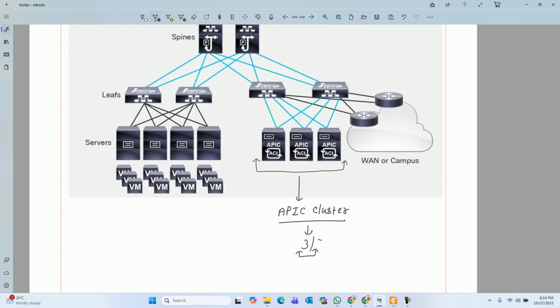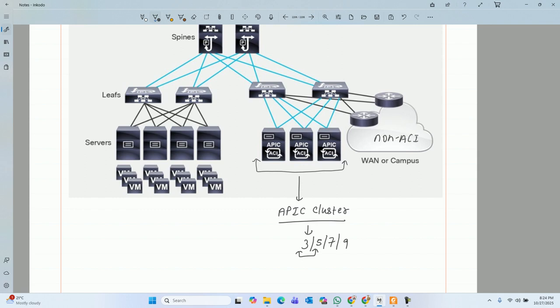You can have 5, you can have 7, and at most you can go up to 9 APIC controllers in just one cluster. Then external WAN, campus, wide area network, or the rest of the network, which is non-ACI fabric.